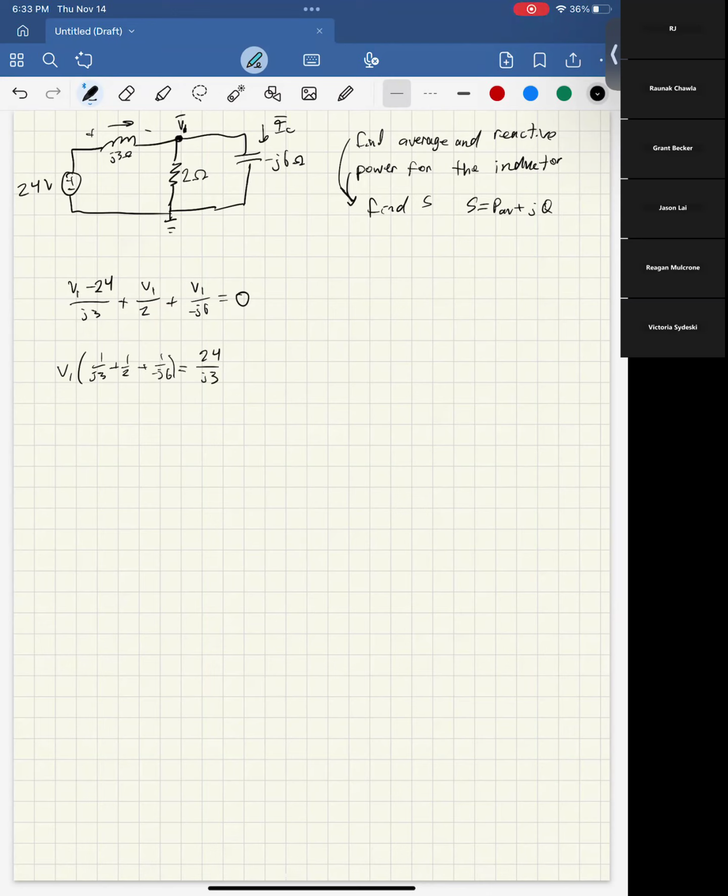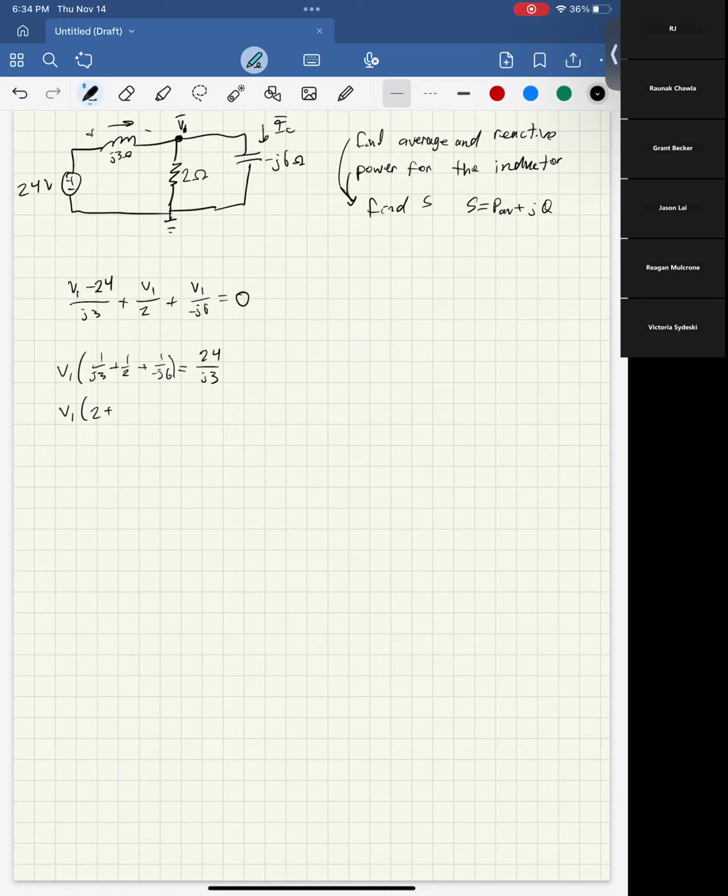So what we do here is multiply everything by j6. If I multiply this by j6, I get minus 2. This one, no, it would be plus 2, sorry.